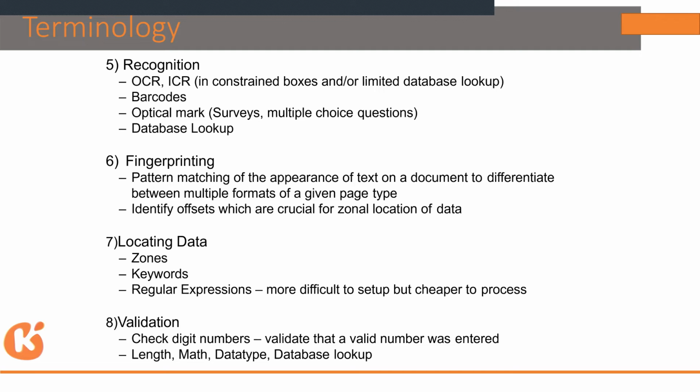So OCR is for a machine printed document, ICR is for a handwritten document, and OMR is for checkboxes. For example, if you have checkboxes in the document, Datacap can identify the checked value from the document. So this is called OMR.